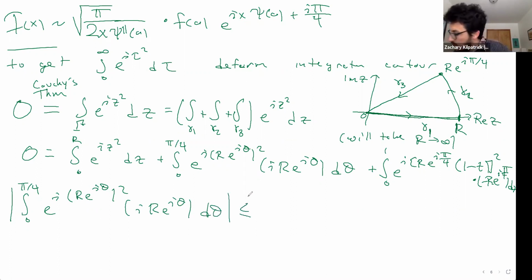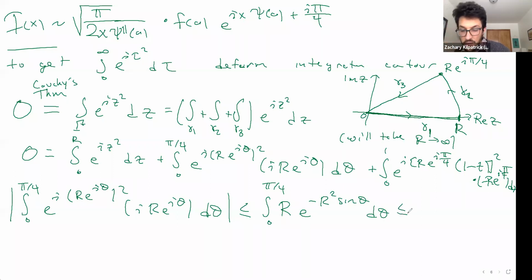So I can bound this from above by the integral from 0 to pi over 4 of r e to the minus r squared sine of theta d theta.